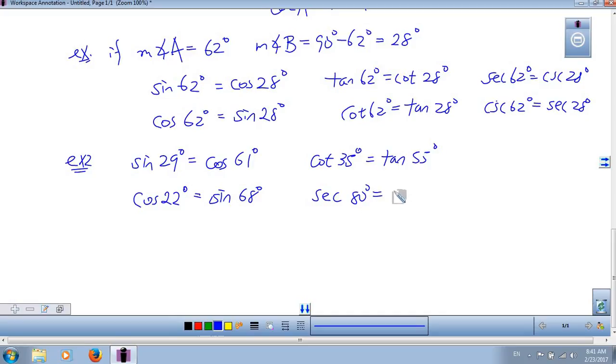Well, secant of 80 degrees is going to be equal to cosecant of 10 degrees because 80 plus 10 is 90. So it's a very simple procedure. Just determine the complementary angle, and you'll be able to express the angle as the cofunction of its complementary angle.